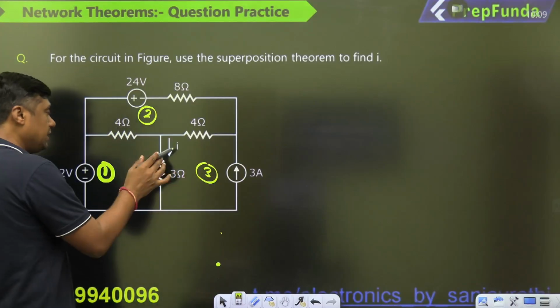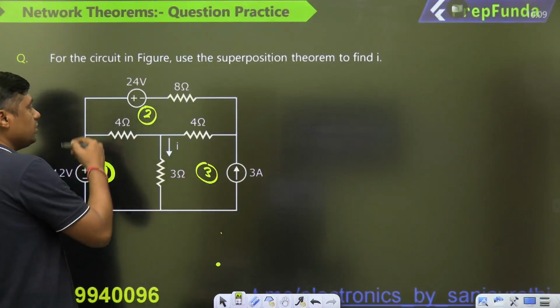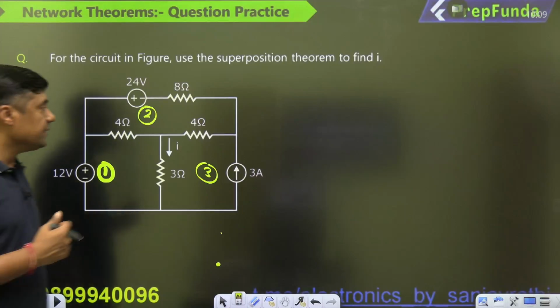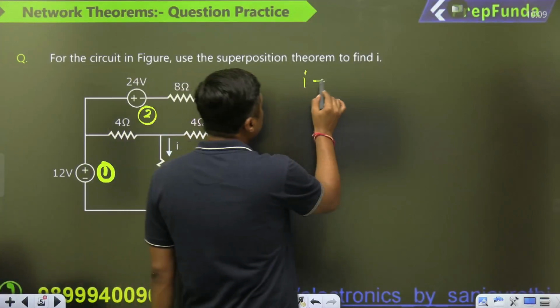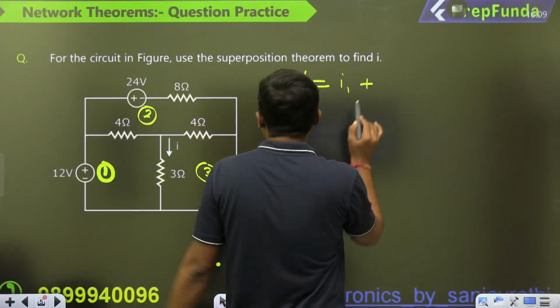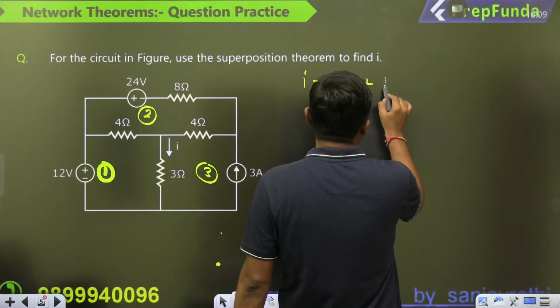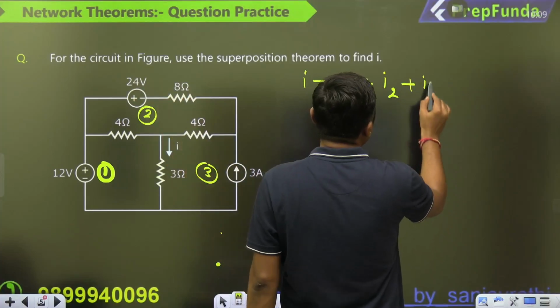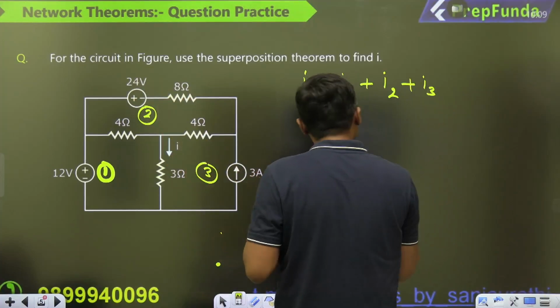Now I is due to the 12 volt battery, the 24 volt battery, and the 3 ampere current source. You can write I1 due to the 12 volt battery, I2 due to the 24 volt battery, and I3 due to the 3 ampere current source.